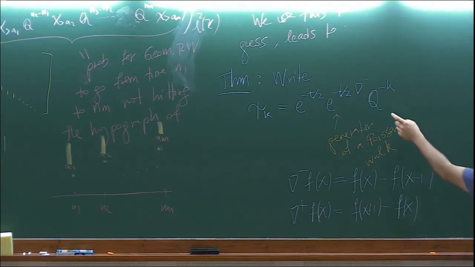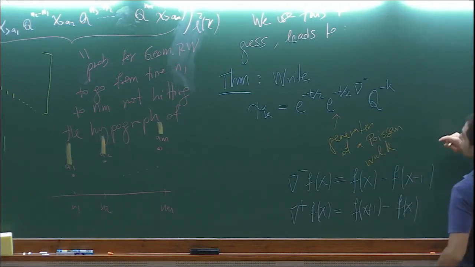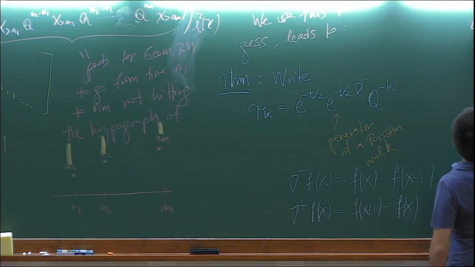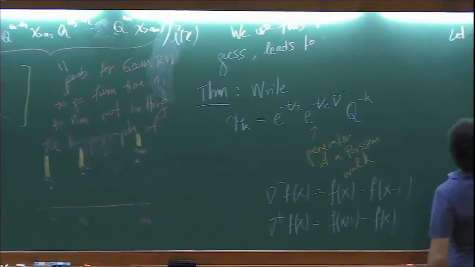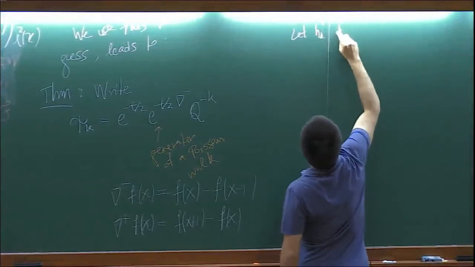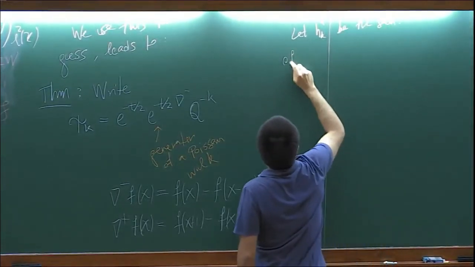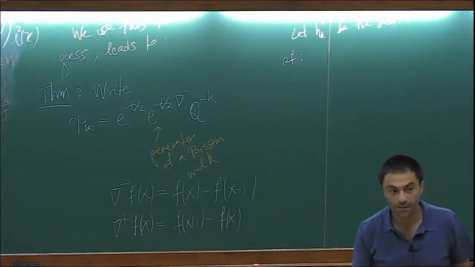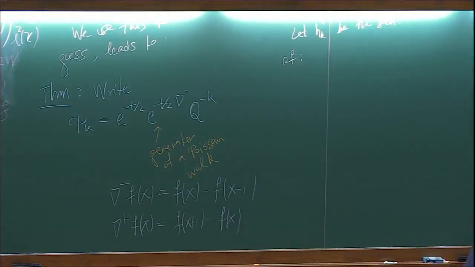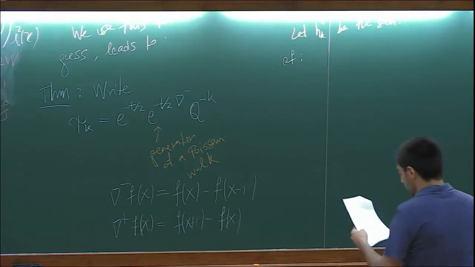I'm going to write it like this because it's going to be easier to compare with what happens now. And now I'm going to let h and k be the solution of the following problem, of this sort of heat equation that I was talking about.